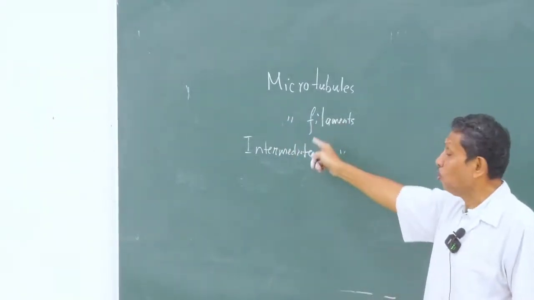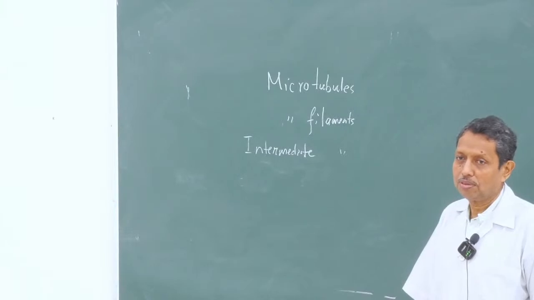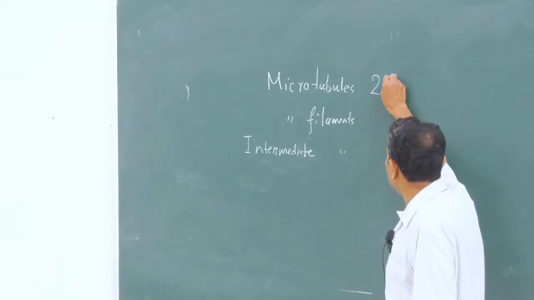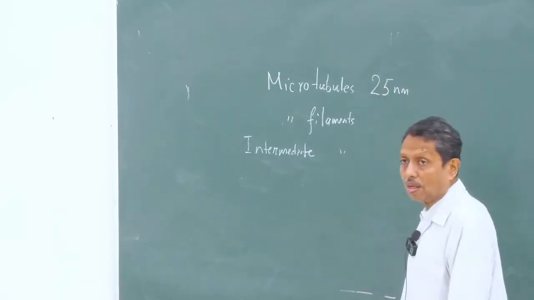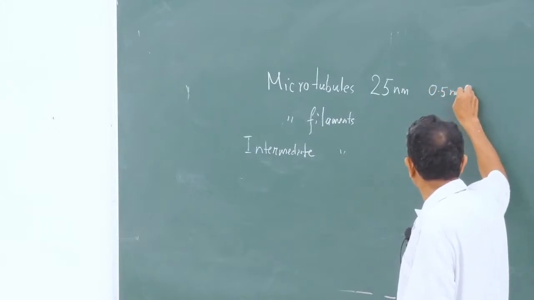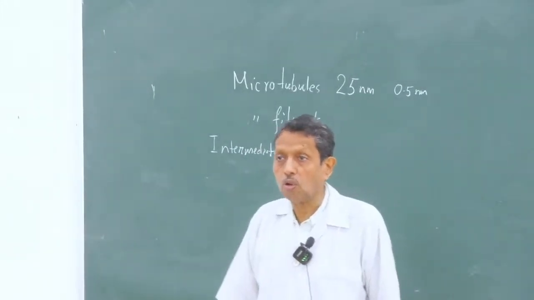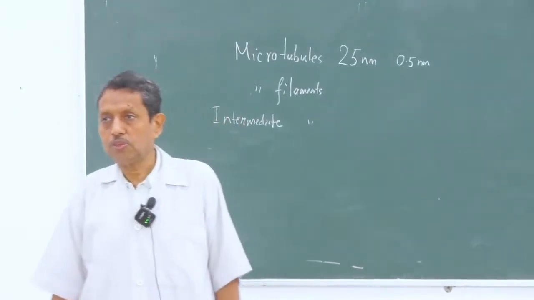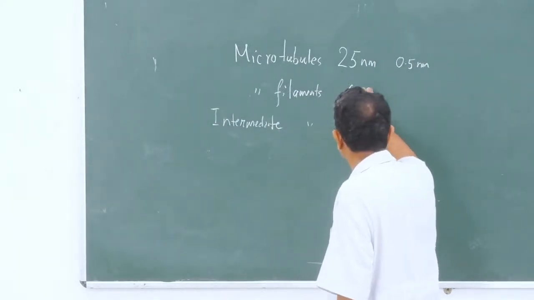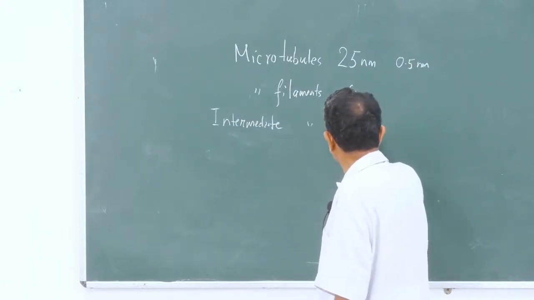Microtubules are hollow structures, 25 nanometer in dimension, with a wall of about 5 nm. They are produced by tubulin, hollow microtubules. Intermediate filaments are around 6 nanometer, or to some extent more, 10 to 14 nanometer.